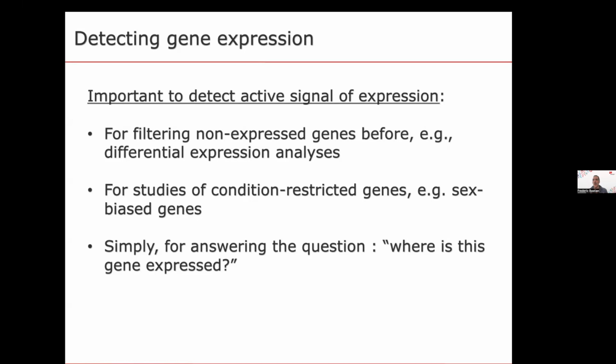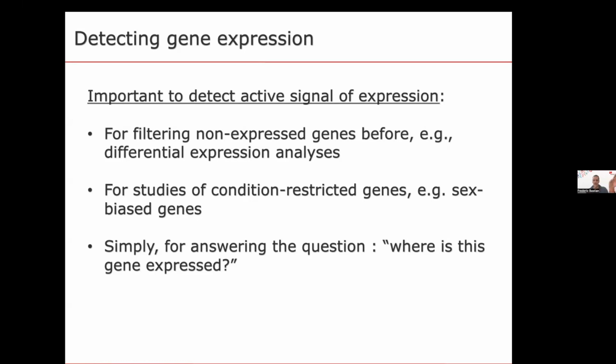Or, you might want to compare genes that have an expression that is condition restricted. For instance, sex-biased genes. If you perform a differential expression analysis after removing the genes that are lowly expressed and you want to compare male-female, then you won't be able to compare the genes that are expressed really only in one of the sexes.